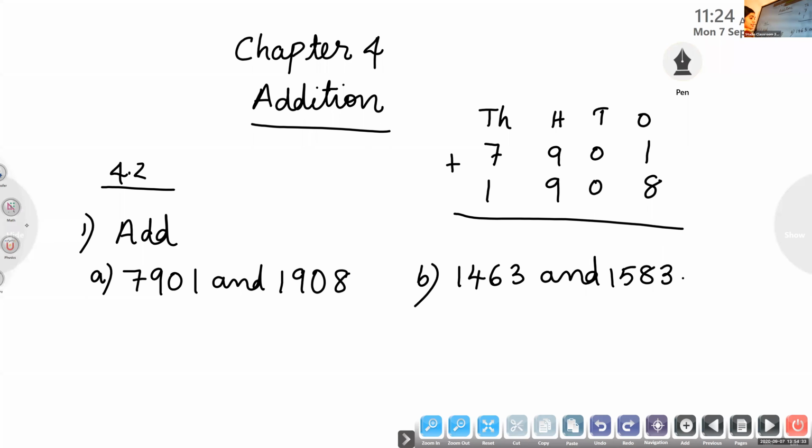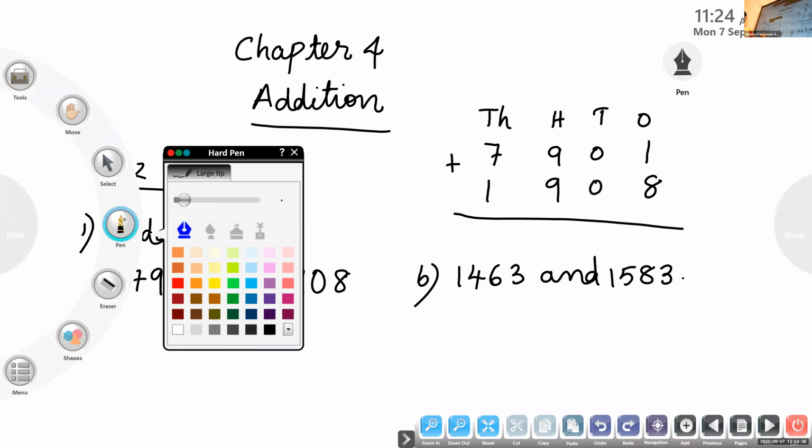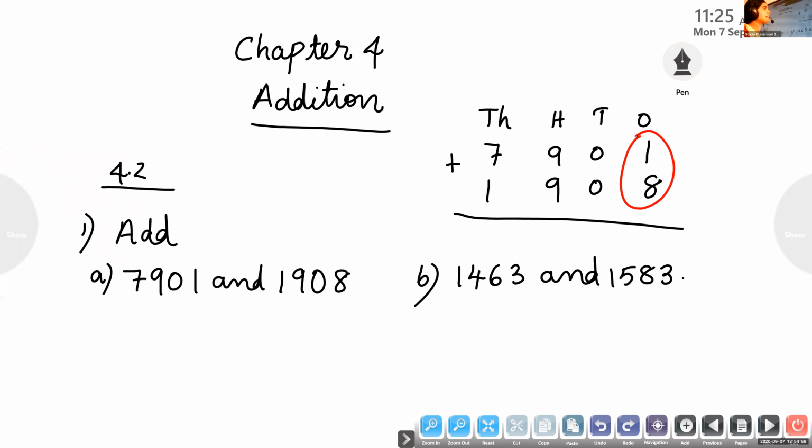Shravan, please unmute. From where do you have to start addition? Ones place or thousands place? Ones place. Which are the digits? 1 and 8. 1 plus 8, what do you get? 9. 0 plus 0? 0. 9 plus 9?